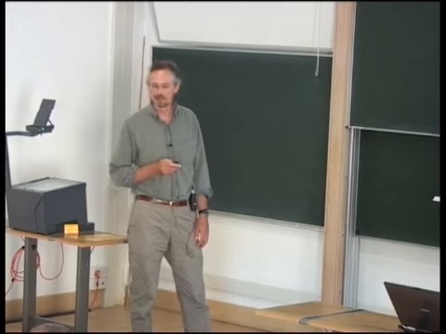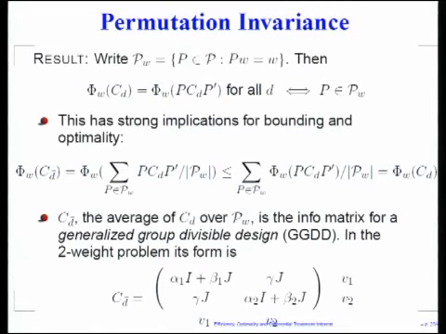All right. And this has some very strong implications because now if we average, which is a typical sort of thing to do, symmetrize over a set of permutations, and we use these that are allowed, let's get a matrix CD bar, which is the average over the allowed permutations. Then using convexity, we get the weighted evaluation of CD bar is less than or equal to the weighted evaluation of the design that we started with.